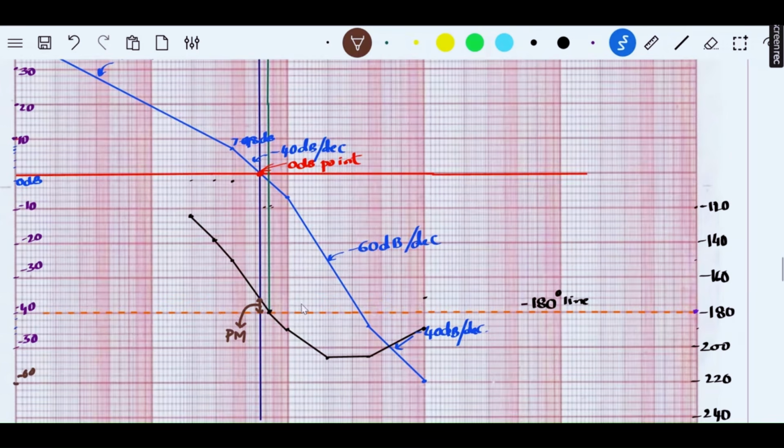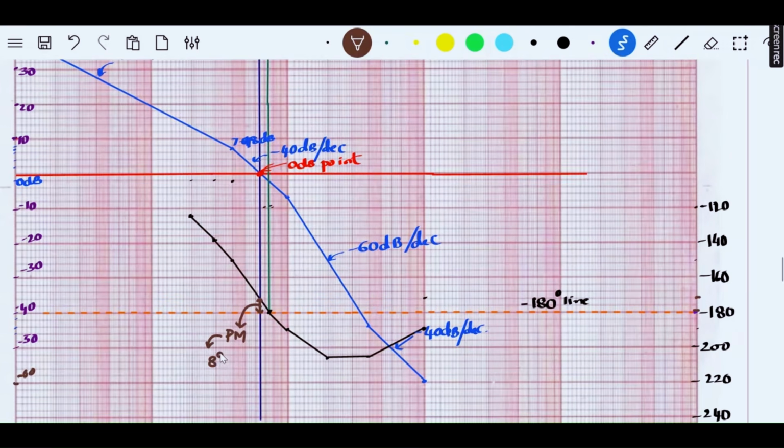You see that this line from here to here is the phase margin. So this is 160, 164, 168 and 172, between 172 to 180. So it is somewhere around 8 degree. Phase margin is actually equal to 8 degree.